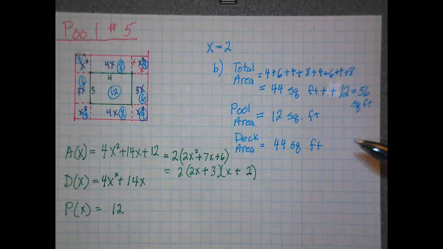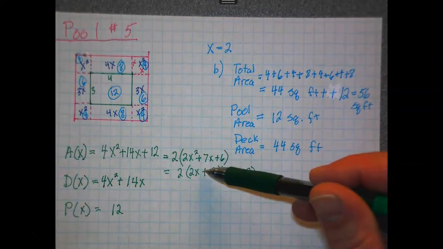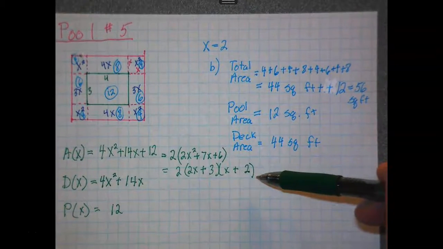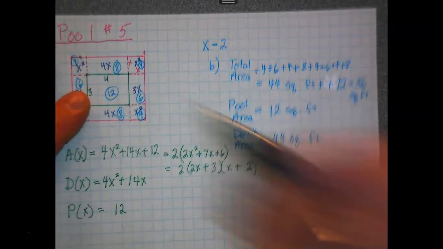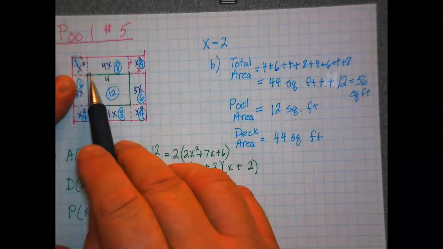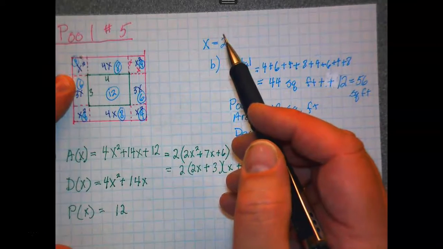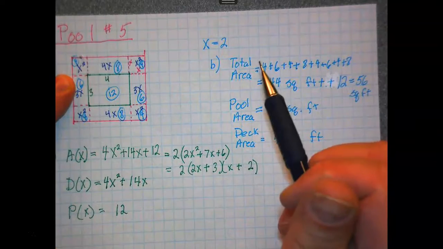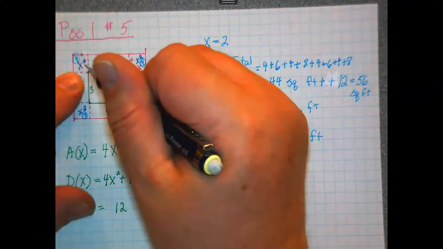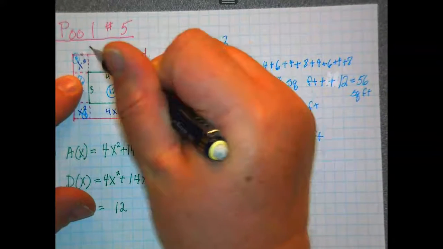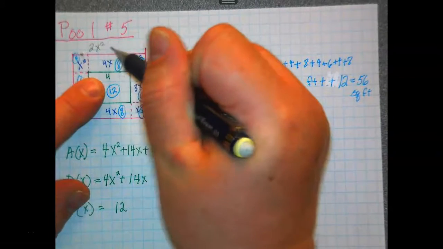Okay. We know that the 2x plus 3 and the x plus 2 are going to be the overall dimensions of my pool. Which one's which? If I look at the length here, well, the total area for this length is 2x squared plus 4x, right?